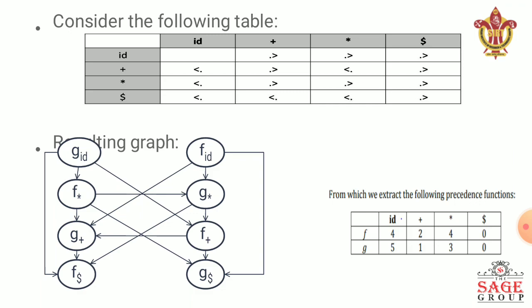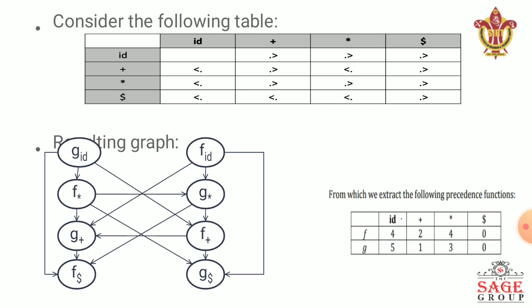Now we connect these values with the help of these precedence relations. If we take f of id versus g of plus, we have seen that it has the greater than relation. So f of id and g of plus are connected by the greater than sign.